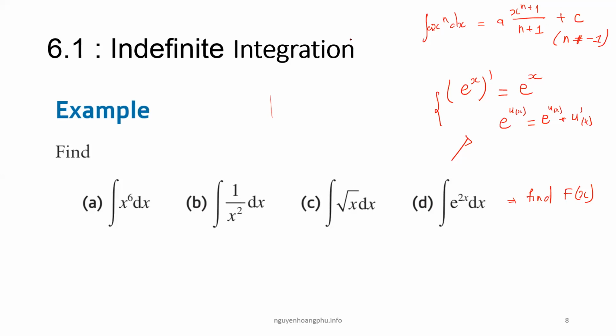If n is equal to -1, then we will have x^(-1) dx.